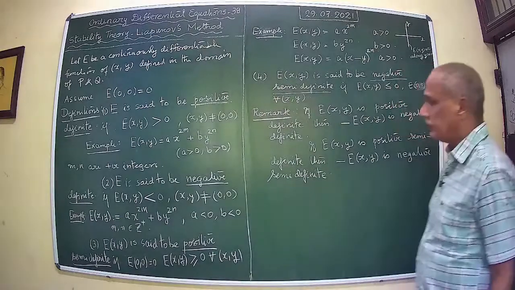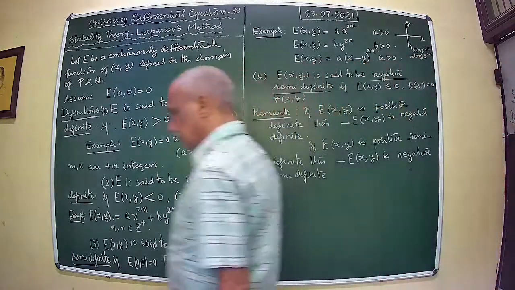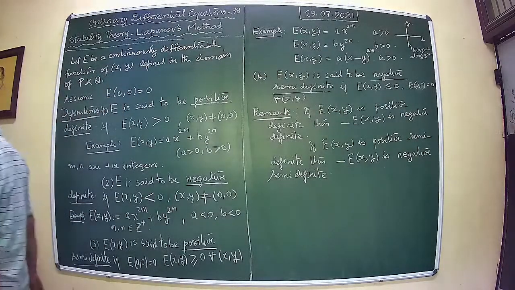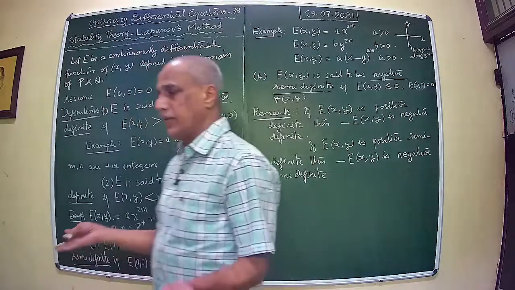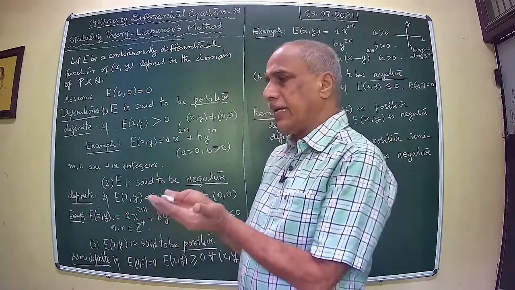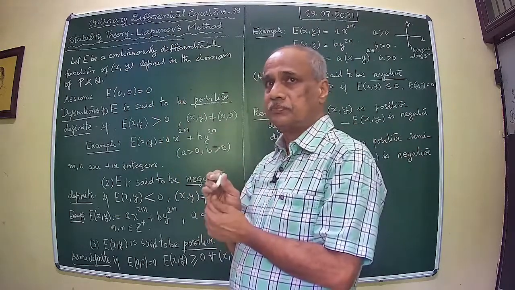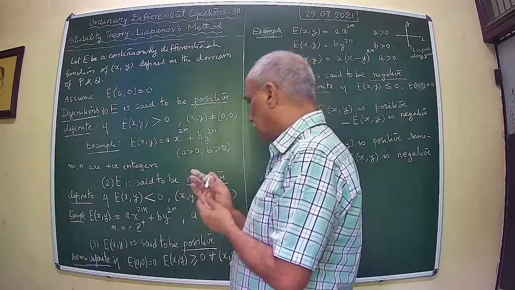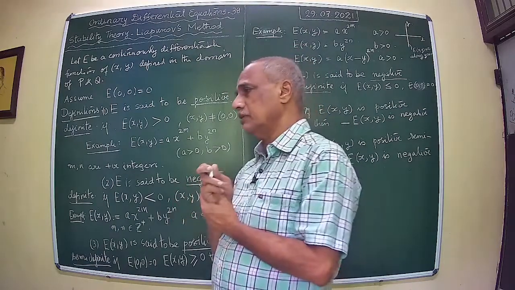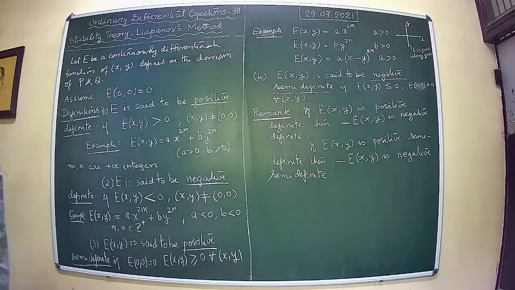Now the difference between the positive definite function and the positive semi-definite function is that E(x,y) is 0 only at 0, 0 and elsewhere it is positive, right? In the case of a positive semi-definite function, we allow the function to be 0 elsewhere also.